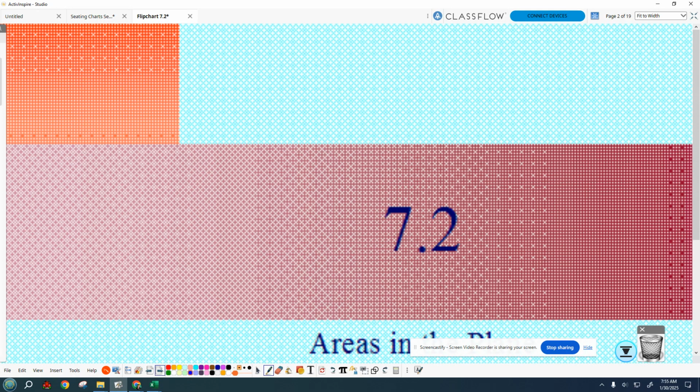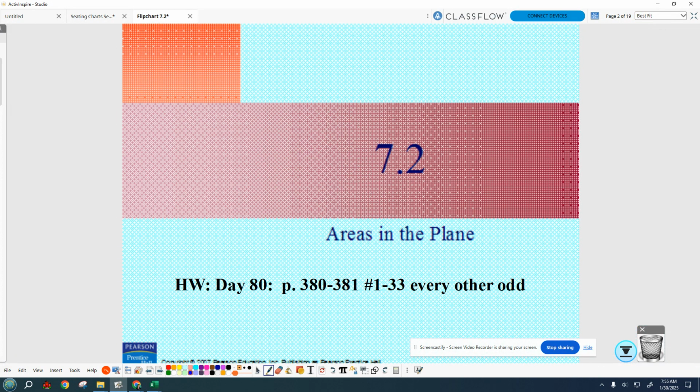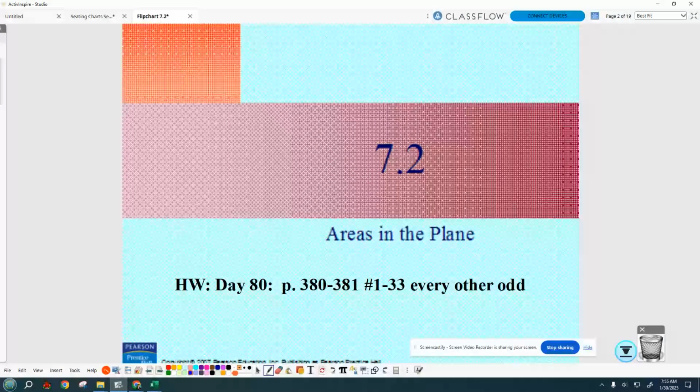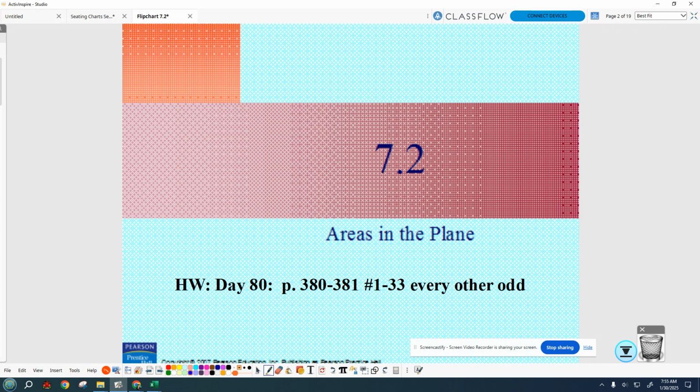What we're doing today, we are starting areas between curves. Homework is day 80, it's on the sheet that you just got. And I believe on there it says EOO, that stands for every other odd. So like 1, 5, 9.